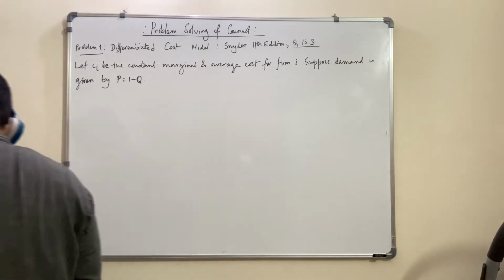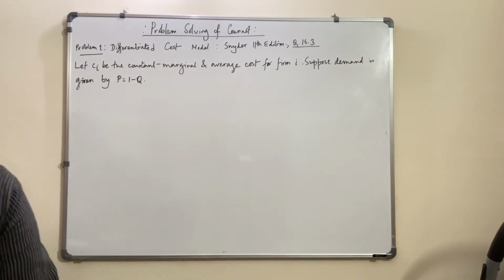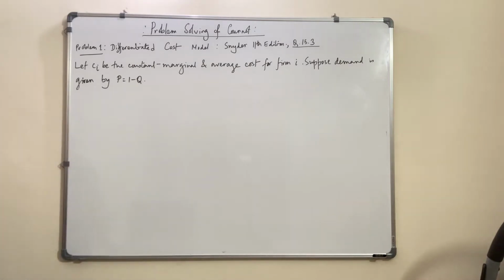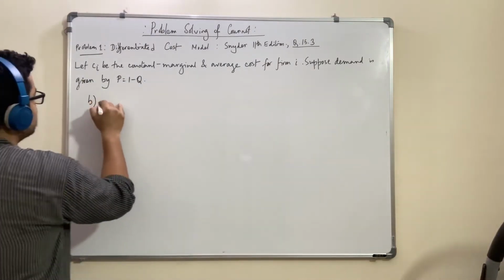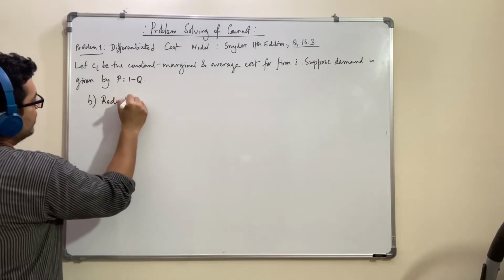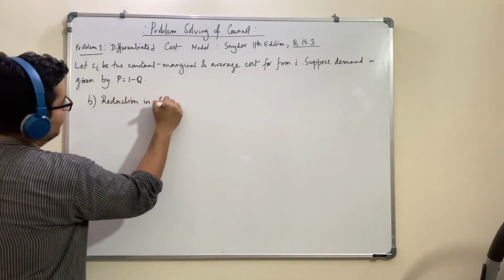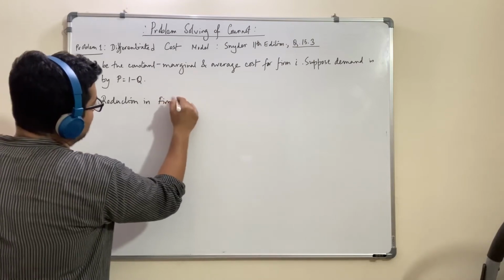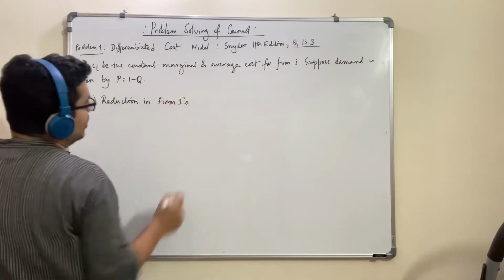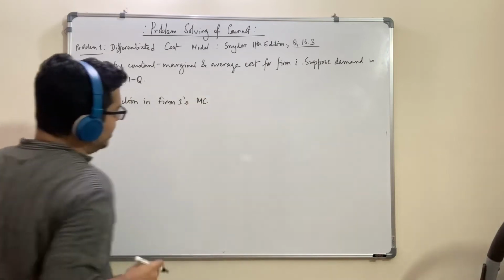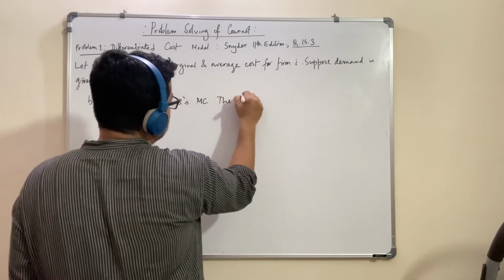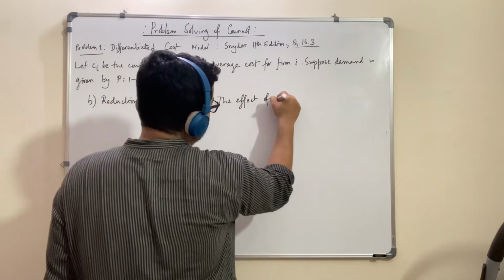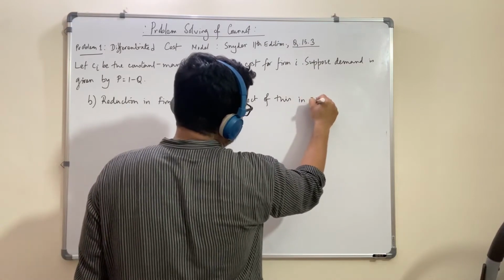Okay, so our question was that we have a scenario. First of all, we have a scenario. The scenario is reduction in firm 1's MC. So we have a scenario like this, and we are going to find the effect of this in best response.